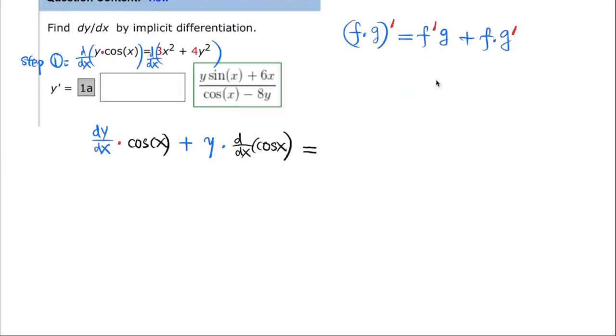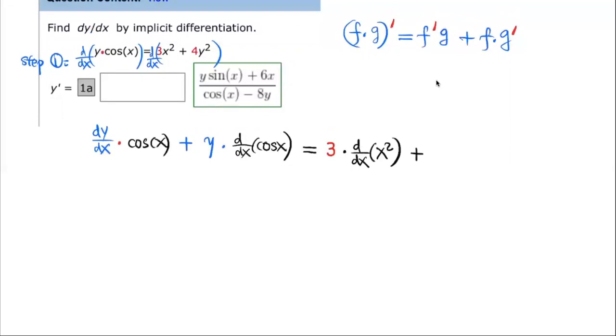The right side is a sum of 2 functions. So we differentiate the first function, adding the derivative of the second function with respect to x. When we differentiate this function with respect to x, we get 3, since this constant multiple is 3, times the derivative of x squared with respect to x.